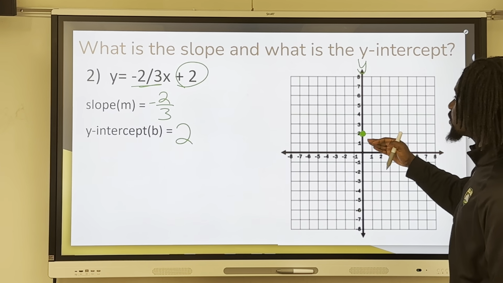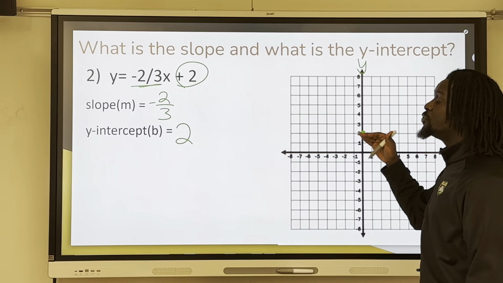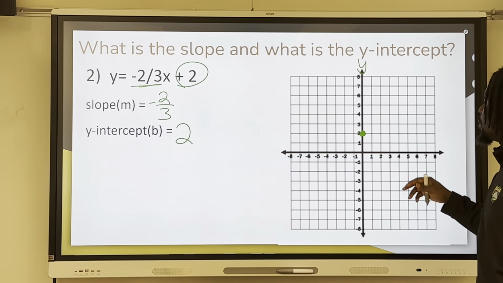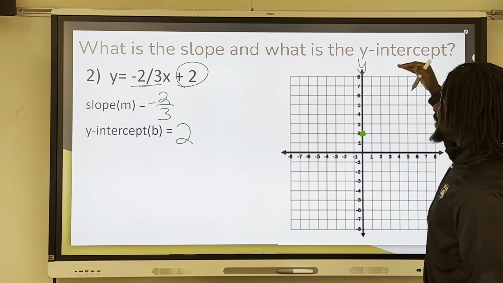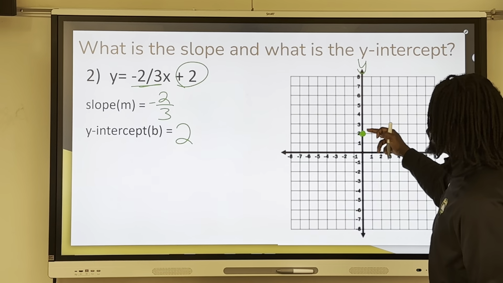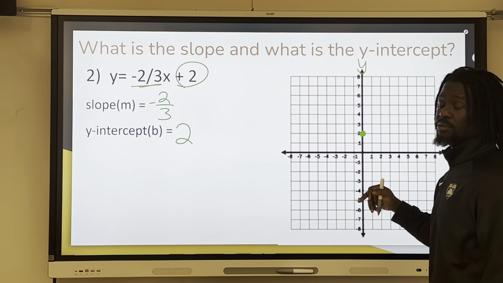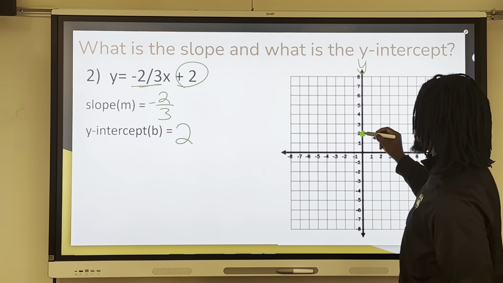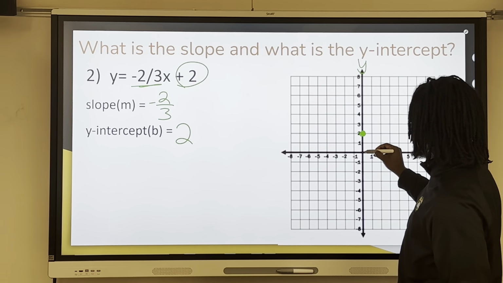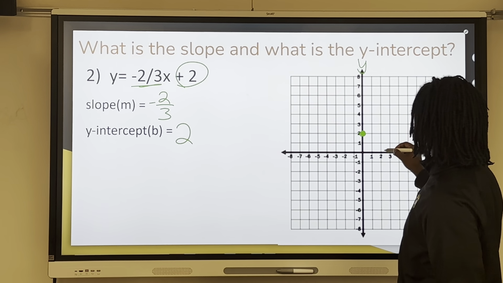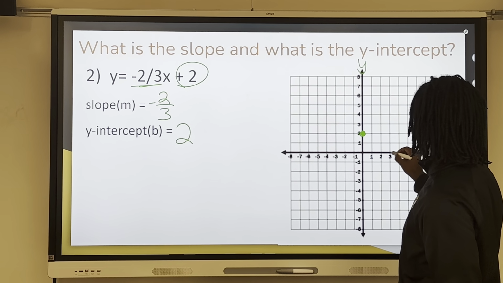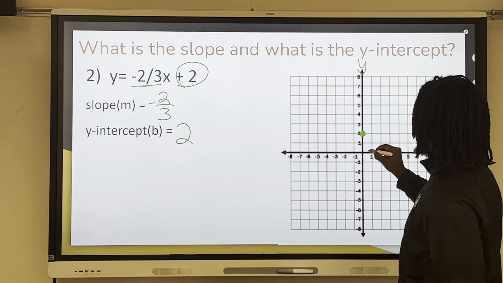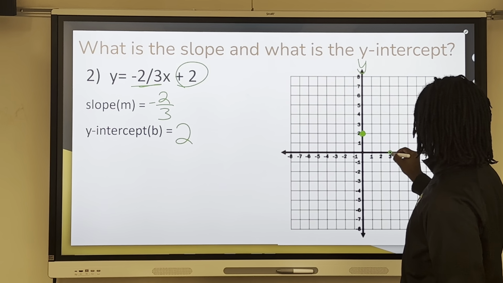Okay, now this one has a negative 2/3 slope. So instead of going up, because it's negative, I'm going to move downward first. Okay, so I'm starting here and I'm going to move down 2, 1, 2. Then I'm going to run to the right 3, 1, 2, 3.